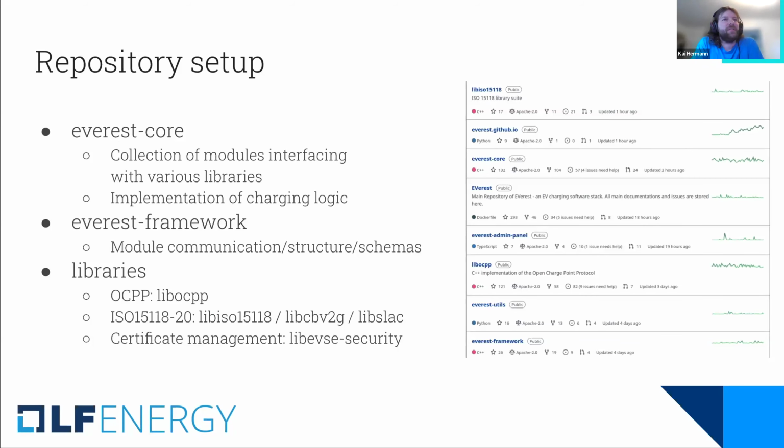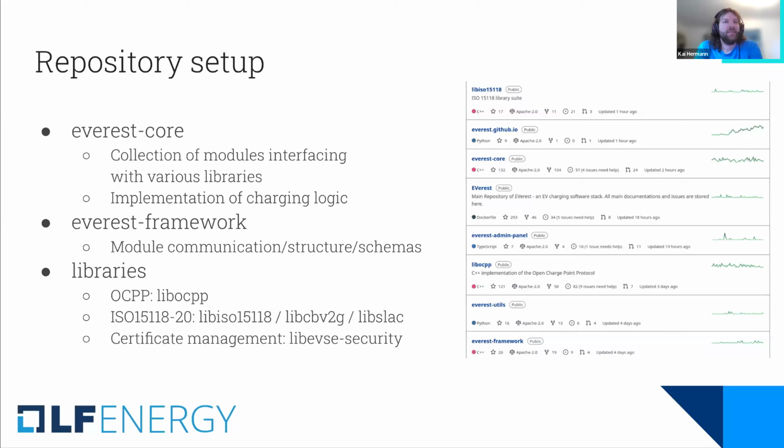So now we're going to talk to you a little bit about the repository setup. EVerest is, let's say, split up over multiple different repositories, where the core collection of all the modules that I just mentioned and all the interface definitions and type definitions and things like that are collected in the EVerest core repository. There you have these modules that contain the implementation of the charging logic, but also the interface with various libraries.